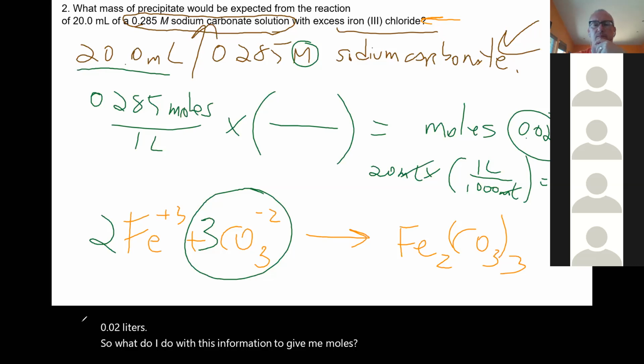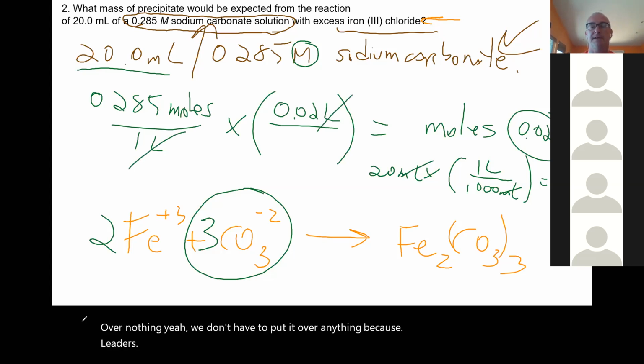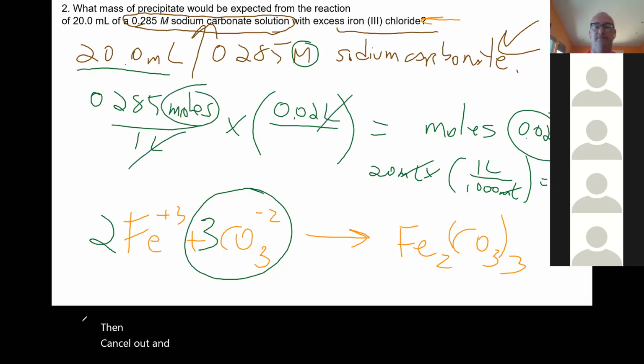Okay, so what do I do with this information to give me moles? So 0.02 liters over... Over nothing. We don't have to put it over anything because liters will then cancel out and I'm left with moles. So liters cancel, we get moles.